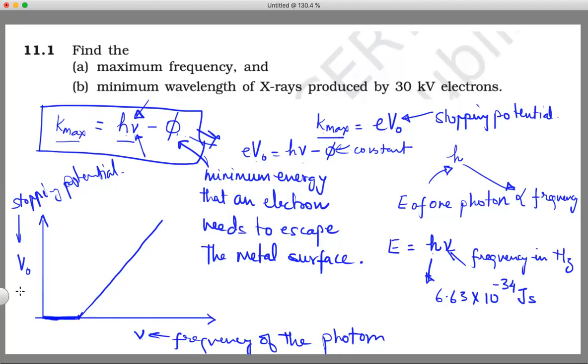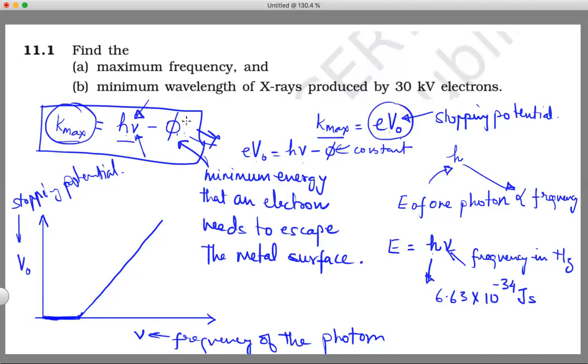Yeah, sir. Okay. So the key formula to remember is K max is equal to h nu minus phi, and we should also know that K max itself is equal to e into stopping potential, where e is the charge on an electron.